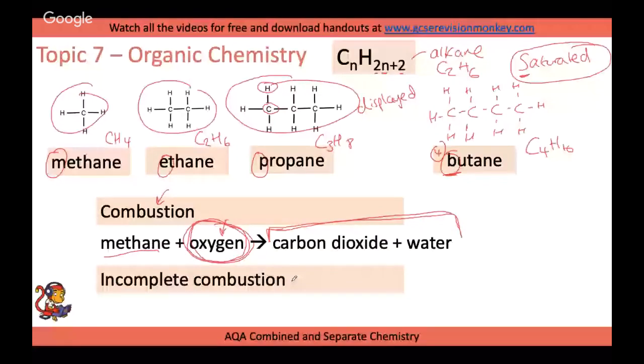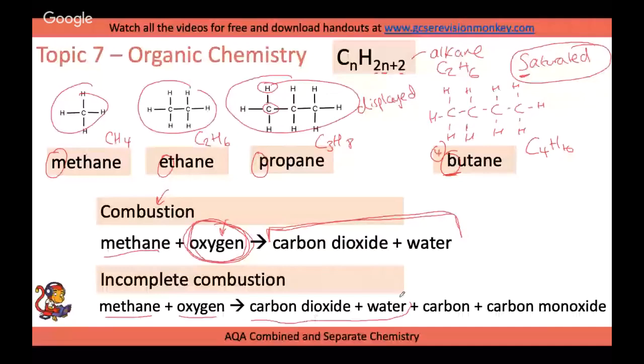And let's say methane and oxygen, we'd still produce carbon dioxide and water as before, but with incomplete combustion, we'd also produce carbon, which is soot, so solid black carbon, and carbon monoxide, CO, and that's bad as well. So the soot we'll talk about later causes global dimming, and the carbon monoxide is toxic and can kill you. Okay, so that's the alkanes.